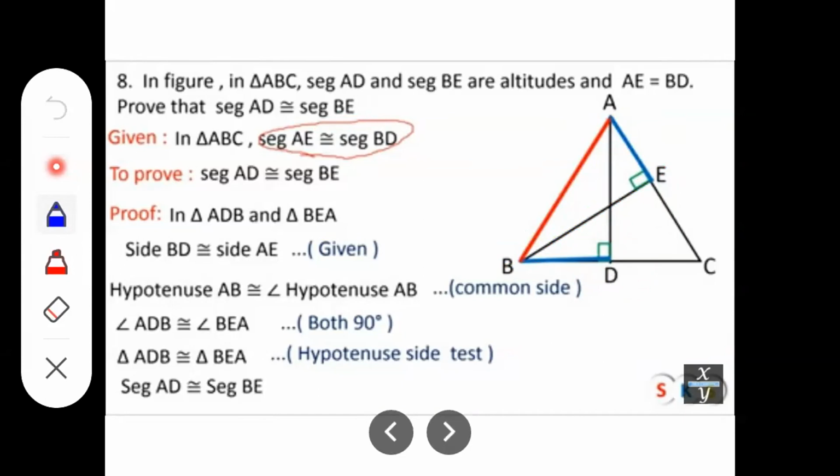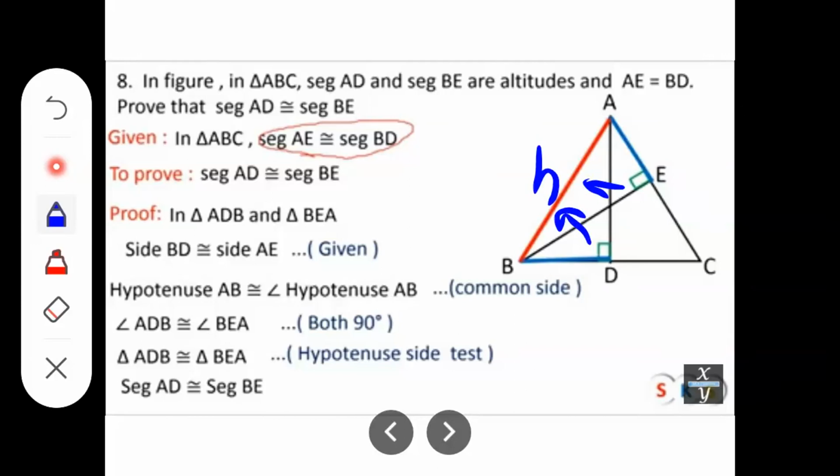The side opposite to 90 degrees. So here in the first triangle, this is the hypotenuse as it is opposite to 90. And for this also, the same will be the hypotenuse.